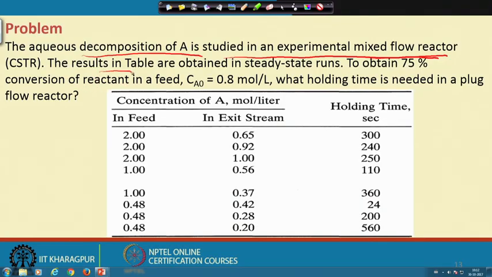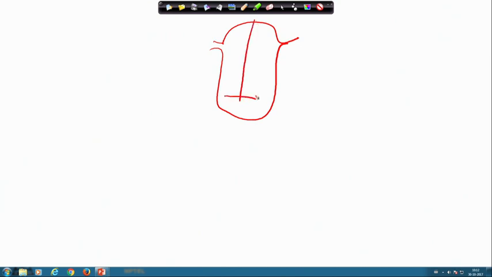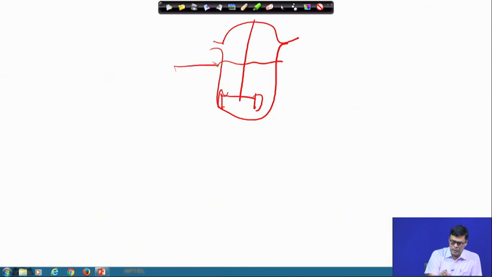The results in the table are obtained at steady state run, and steady state run means, let me show you one thing. Suppose this is a CSTR.